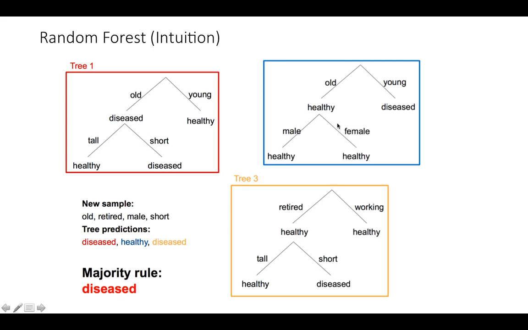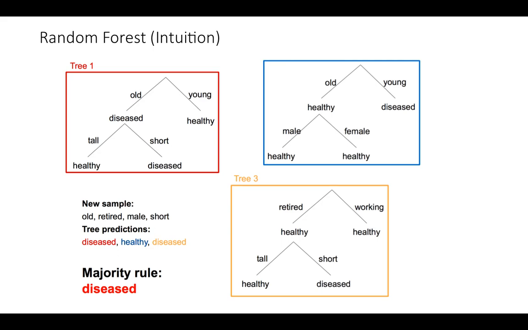In this tree the work status is absent, and here the gender is absent. So this would make a different prediction, this would make a different prediction, and this would make a different prediction, and you can take a consensus prediction out of it. So that's the idea behind random forest.